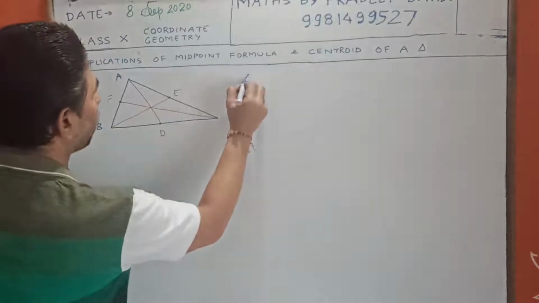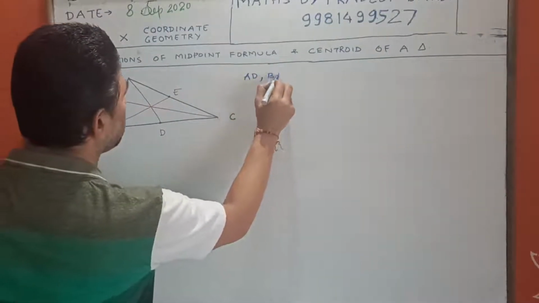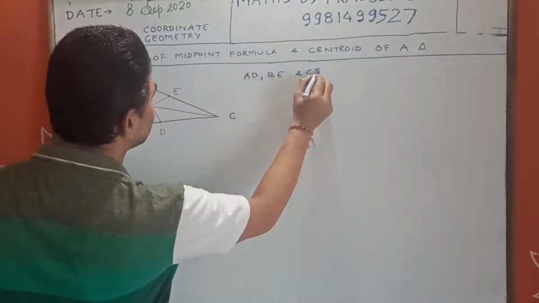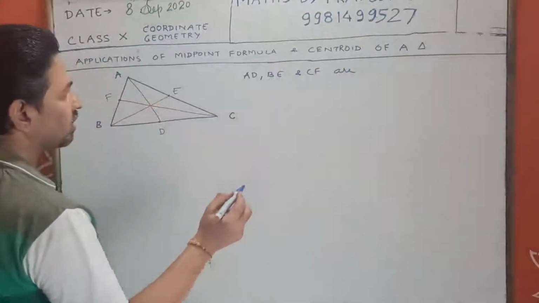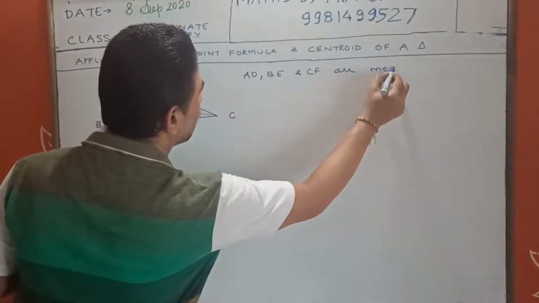AD, BE and CF are medians of a triangle.